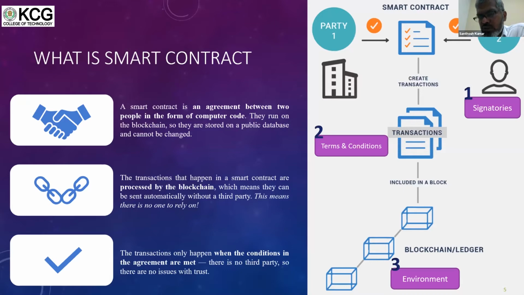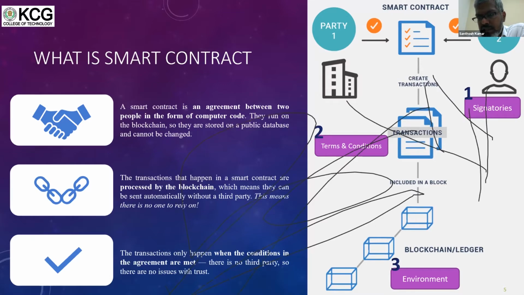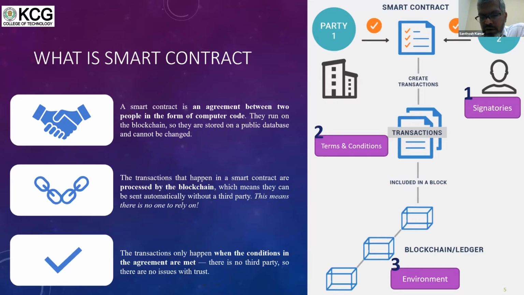This code or this contract would be made available on a particular environment, in this case the blockchain environment. It could be your Hyperledger, it could be your Ethereum, etc.